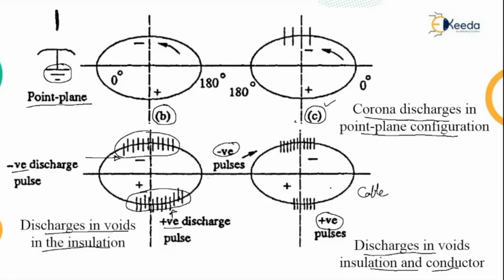So that's all with this partial discharge measurement, which takes place whenever we find partial discharges in the voids, and that must be detected. This particular test can detect partial discharge in the cables, in the transformers, etc. Therefore, this particular test is very, very helpful.